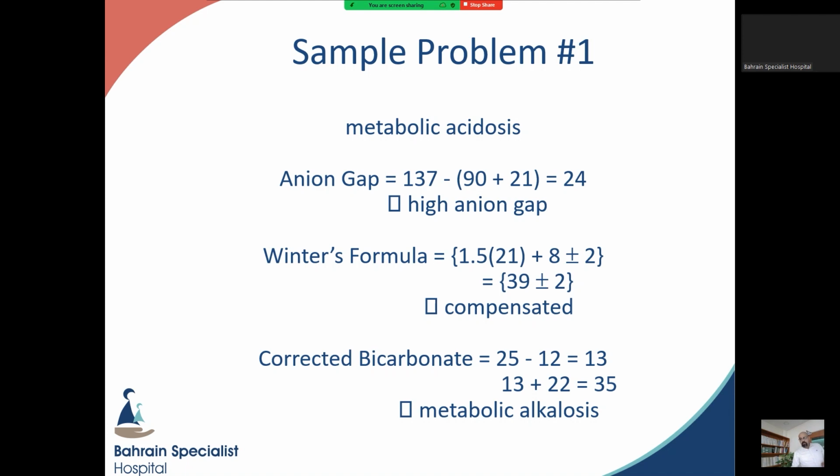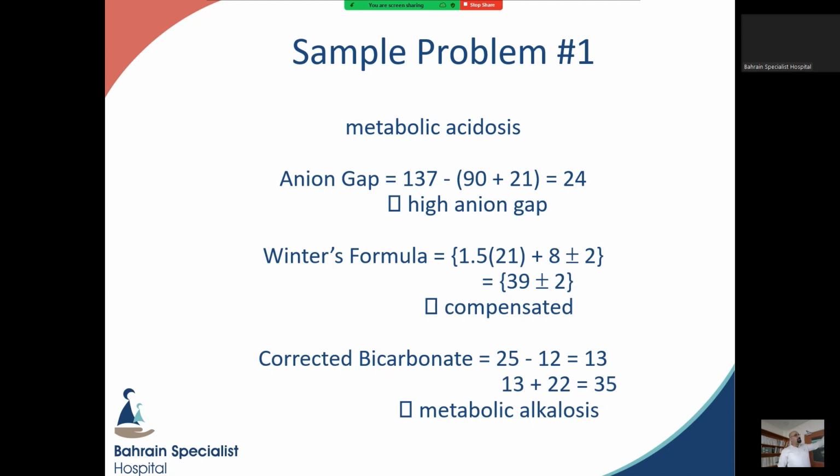The corrected bicarbonate, as I said, is the anion gap minus 12, it's 13, plus HCO3, 21, which is 34. So in this case, there is metabolic acidosis and metabolic alkalosis as a primary.